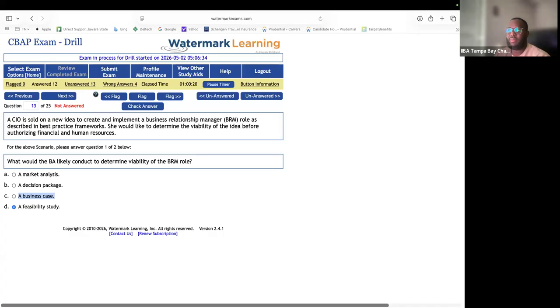Now that you pointed out C, it becomes tricky for me. D is an option, but looking at the business case, I think it makes it more obvious what the role of the business relationship manager would be.